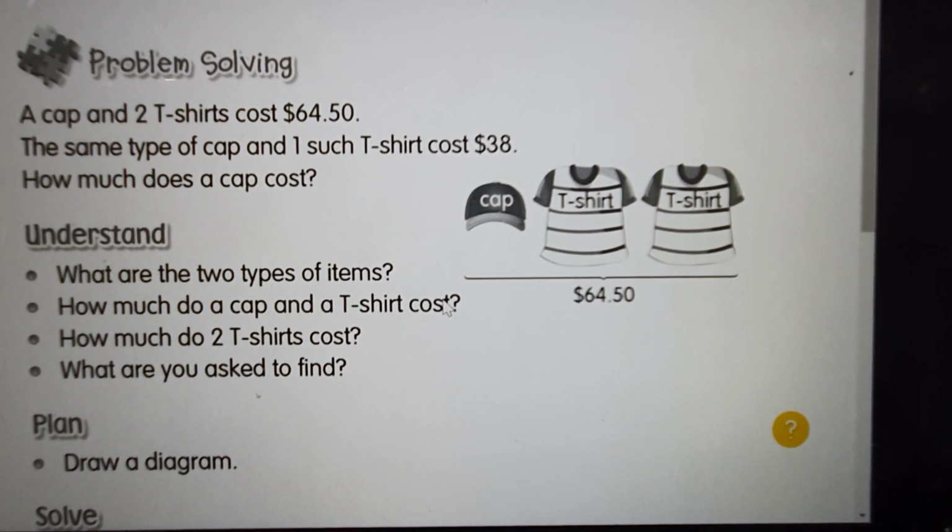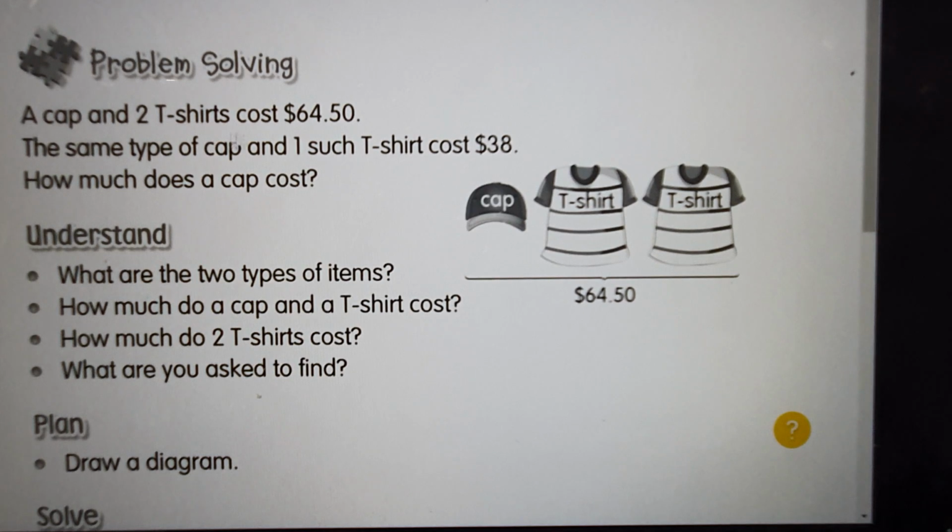Now let's move on to the next page and look at the problem solving question. A cap and two t-shirts cost $64.50. The same type of shirt and one such t-shirt costs $38. How much does a cap cost? Remember, when you do a word problem, the first step is always to understand the question first.